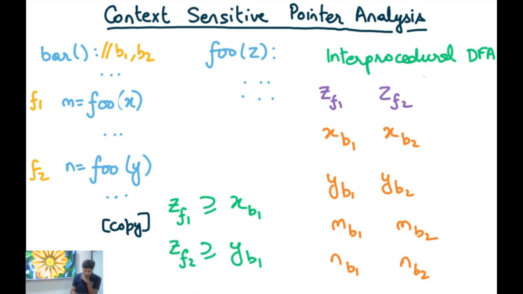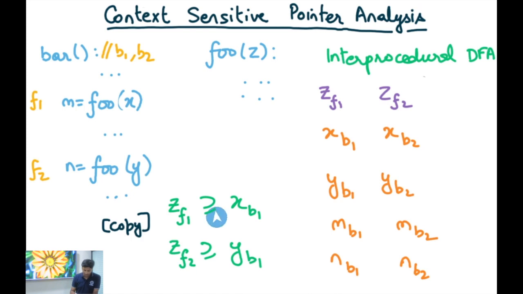Okay, so let's get a sense of how these different quantities behave. When z is called from f1, the quantity that we consider is zf1. That's what the versioning means. But if z is called from f2, then we look at zf2.